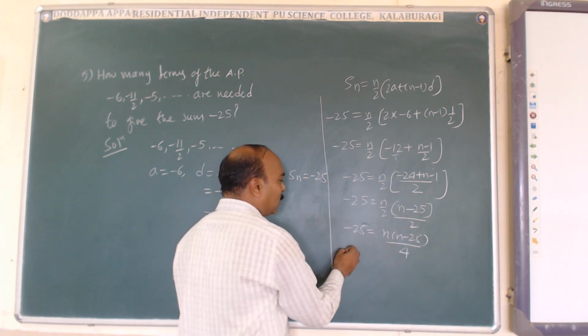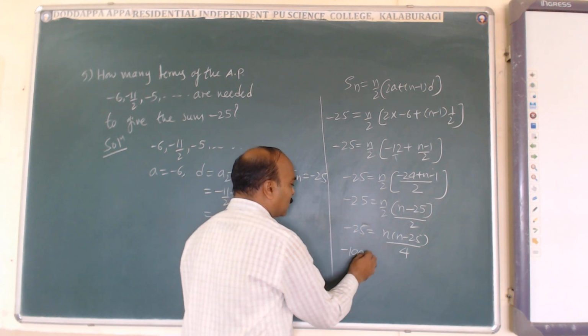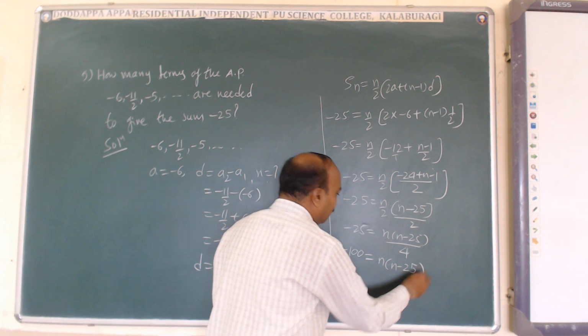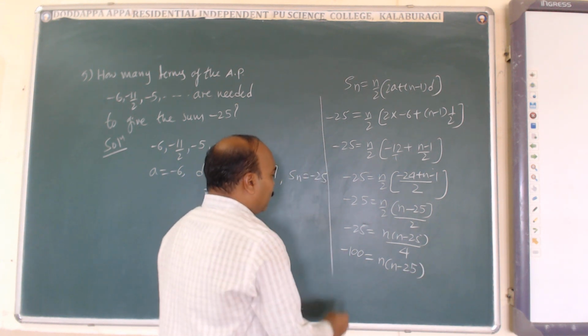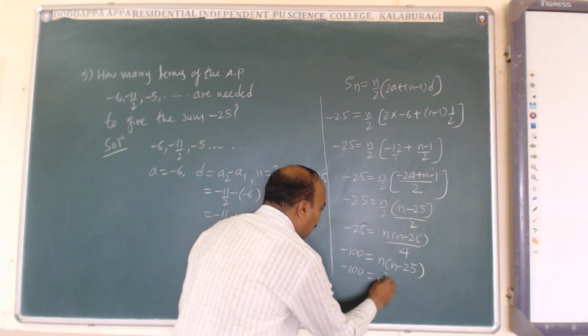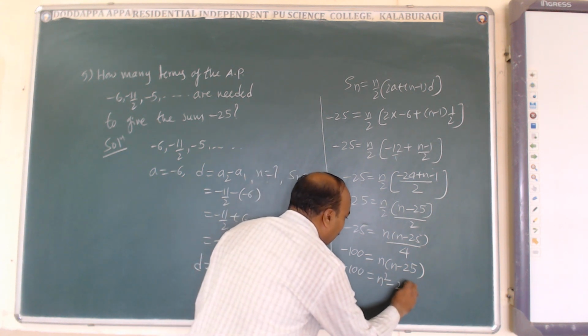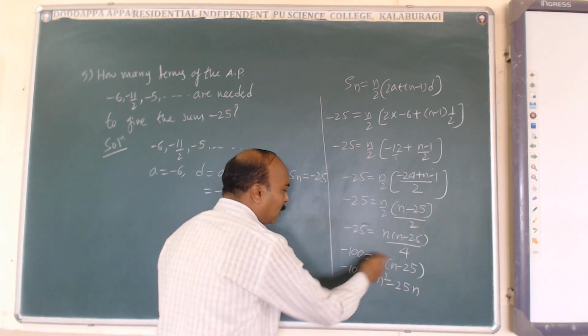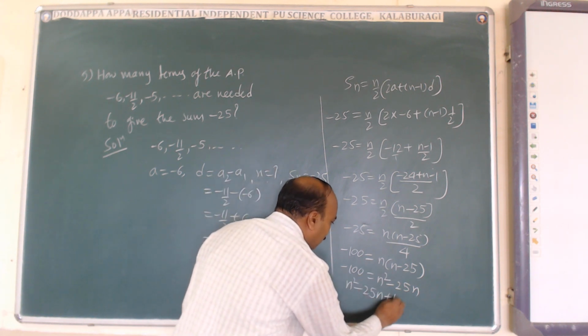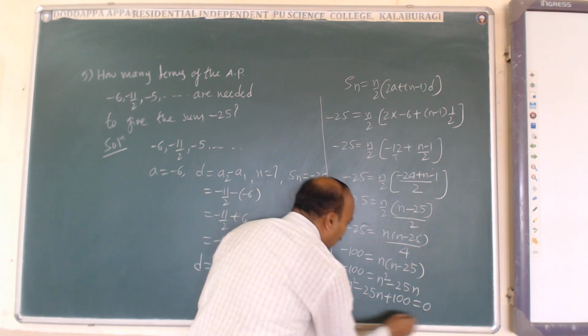It is minus 25 into 4 is minus 100, equal to n into n minus 25. Multiplying the right hand side we get minus 100 equal to n square minus 25n. If you take 100 to this side, n square minus 25n plus 100 equal to 0.